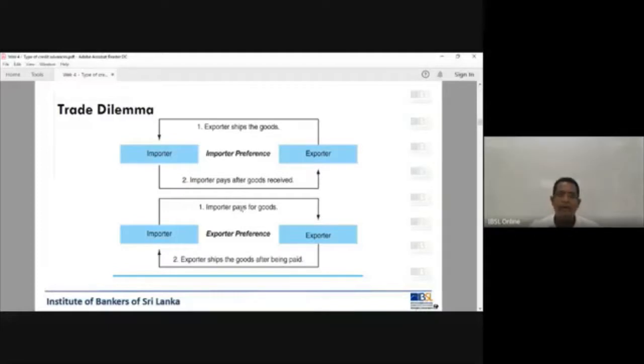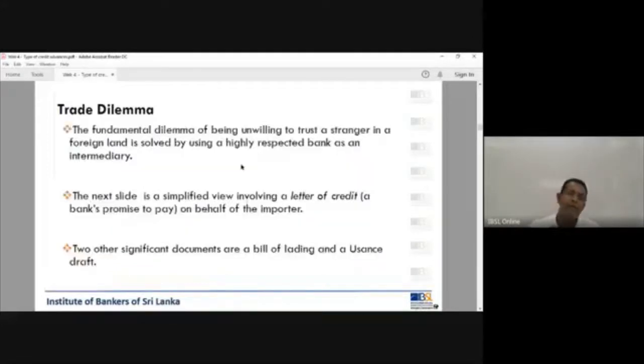Will I get my money back? Will I get my money? That is the dilemma. The importer thinks, okay, I will send my money, and will I get my goods, or at least a return on my money? The exporter thinks, when I send the goods, will I get my money? So that is the credit risk, right?